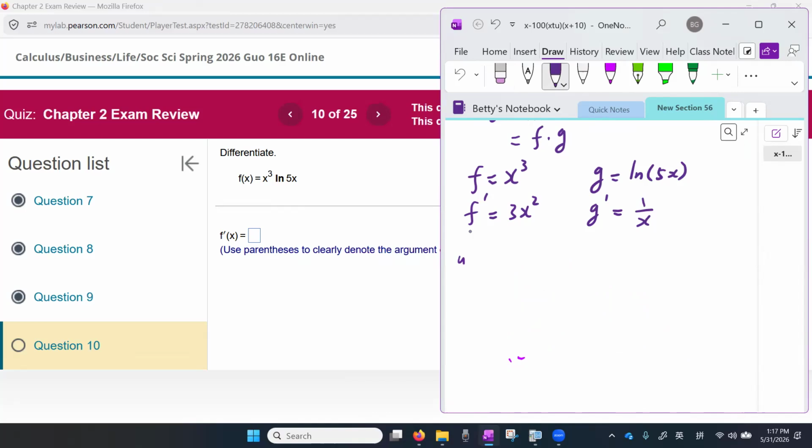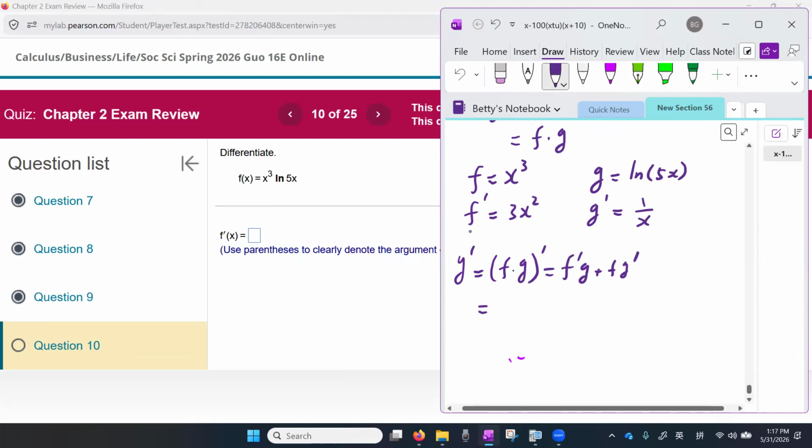So the derivative of the function equals the derivative of f times g, which is f prime g plus f g prime. That equals 3x squared times ln 5x plus x cubed times 1 over x, okay?